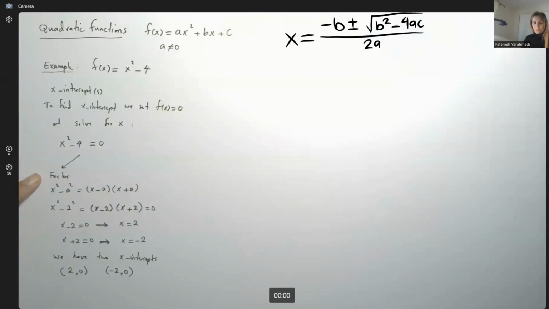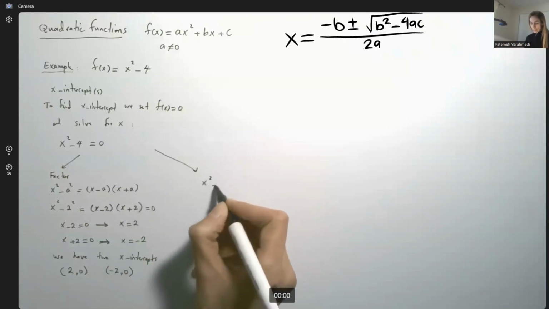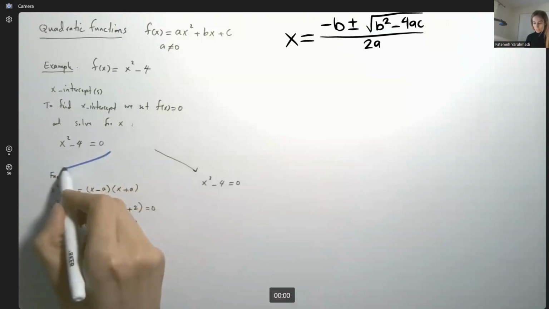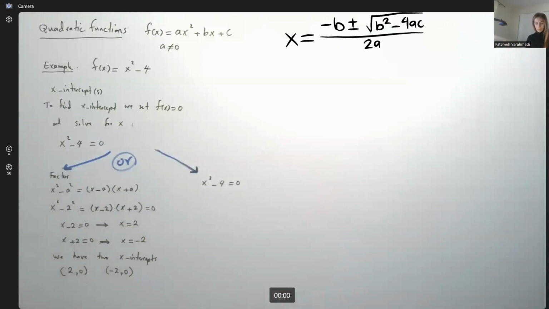Again, this method is factoring. The other method that you can apply is to directly solve x squared minus 4 equals 0. You can apply either of these two methods to find the x-intercept.